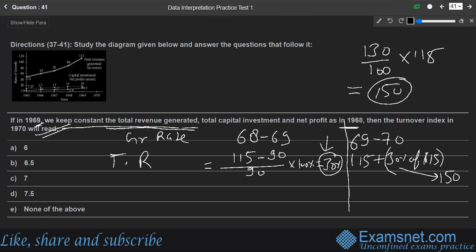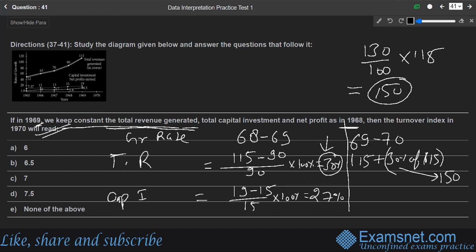Now, the next data for the turnover index is the capital investment. Capital investment between 68 to 69 is obviously 19 minus 15 divided by 15 into 100%. This is the growth of capital investment between these 2 years, and it comes out to be exactly 27%. Now, the same 27% is to be carried out between 69 to 70 also.